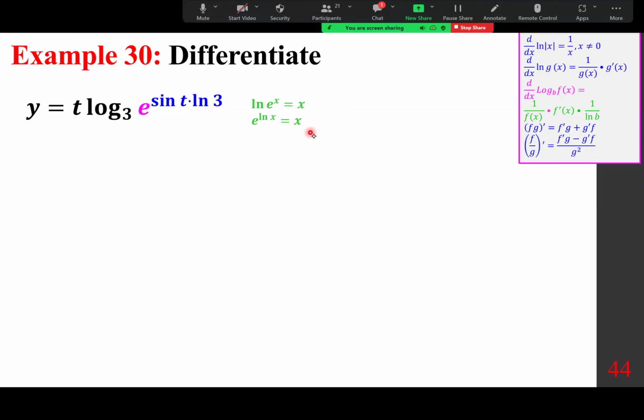So we are going to interchange these two. So we're going to put this one first. Remember, the exponent here is the product of two things, sine t times ln 3. So we're going to put ln 3 first. It makes no difference. So I'm just rewriting. I'm not doing anything yet. I'm rewriting this by putting ln 3 next to e.